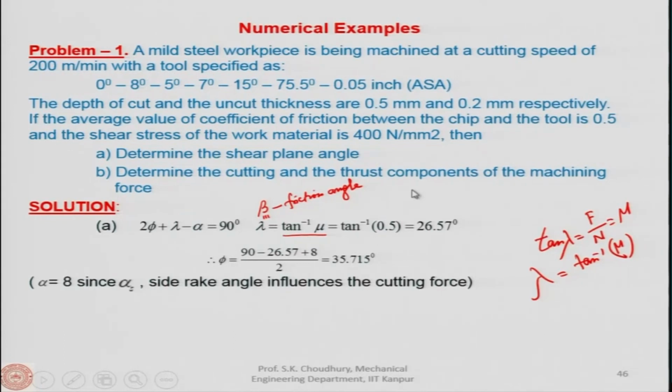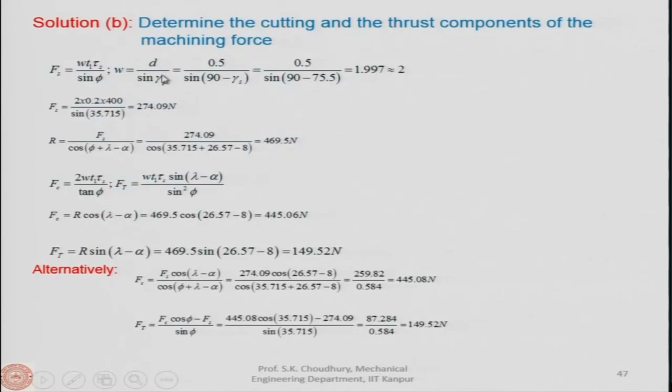Now, determine the cutting and the thrust components, Fc and Ft. These are the two components that we have to find out. Fs first is W t1 tau s by sin phi, that is the area and the shear stress. W you can find out by geometry, that this is d by sin gamma p.